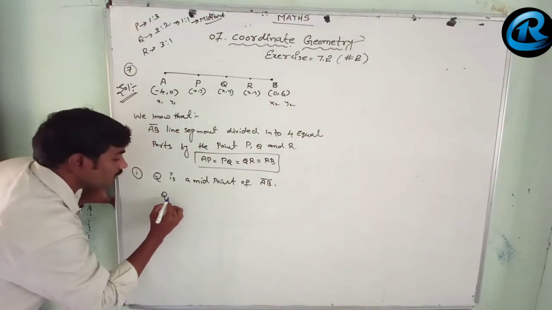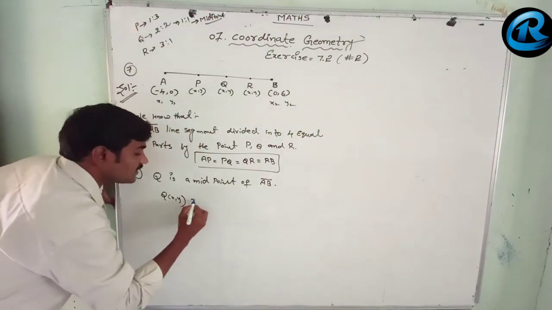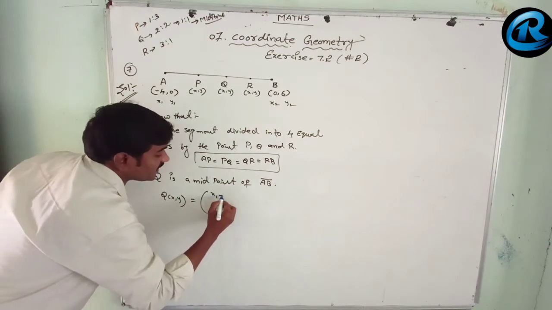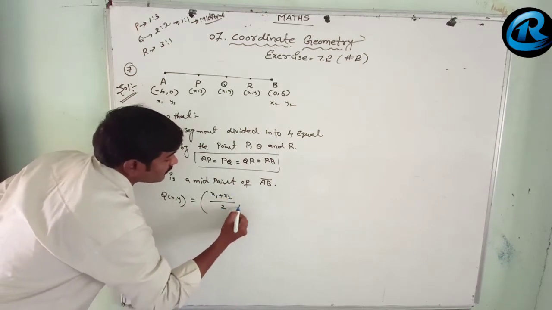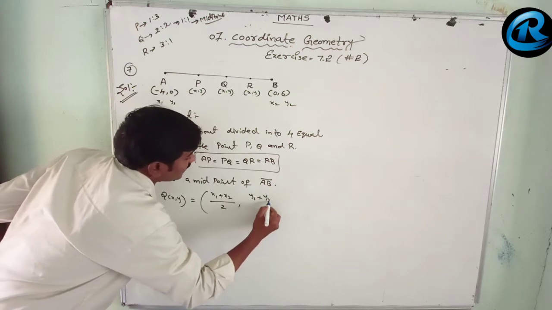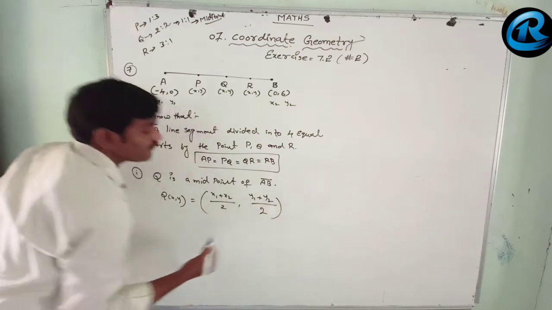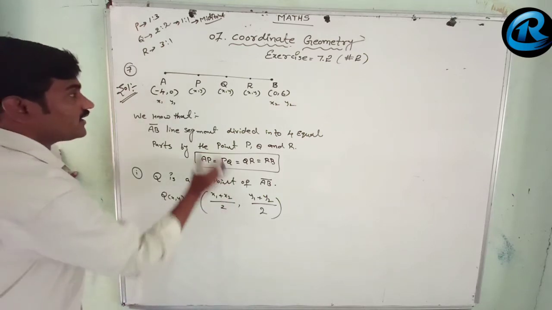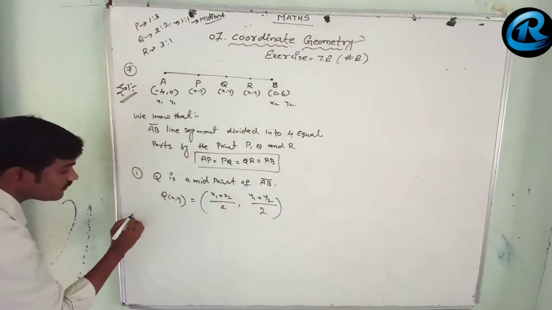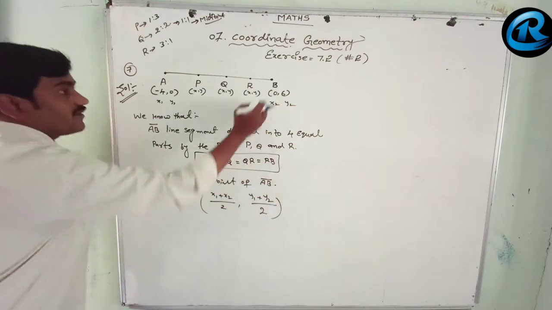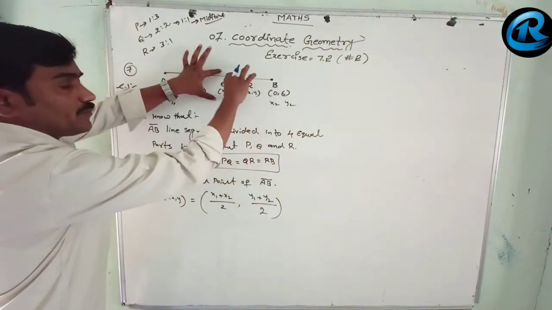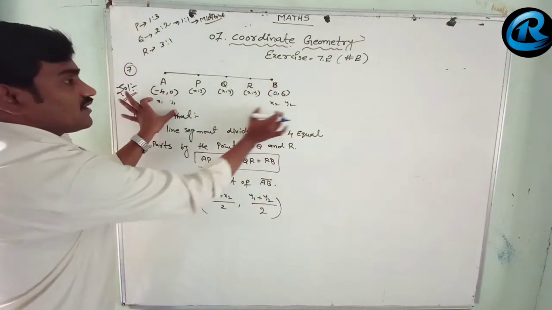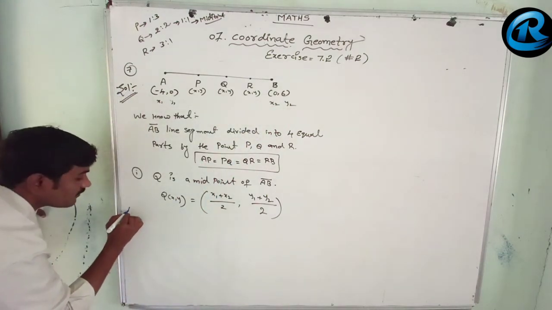So Q(x, y) is equal to the midpoint formula: (x1 plus x2) by 2 comma (y1 plus y2) by 2. Here we have to take the A point and B point as the x1, y1 and x2, y2 values.